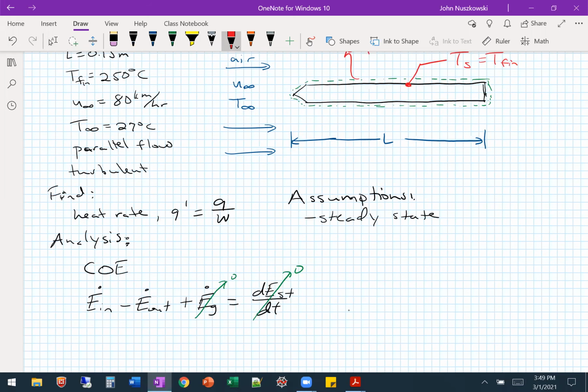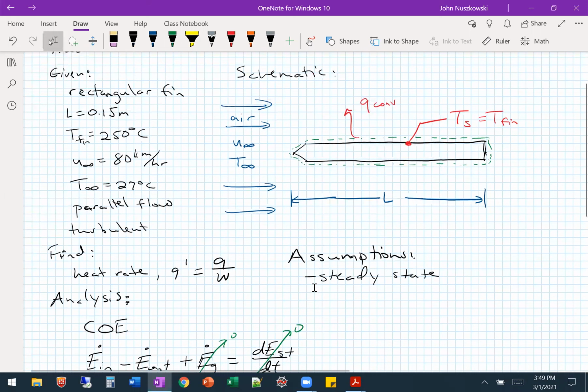Do we have energy in then? For cooling this and it's steady state, where is this energy coming from? So we said it's a rectangular fin that is used to cool a motorcycle engine, right?